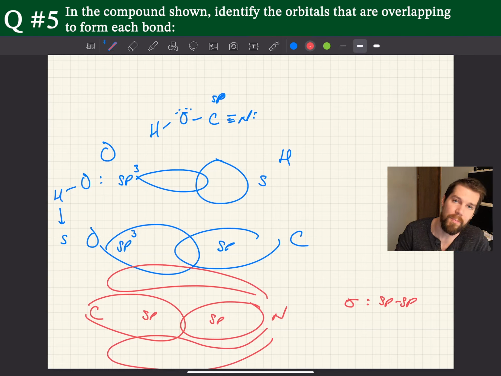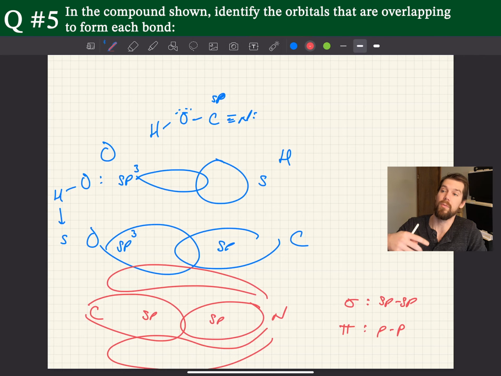Pi bonds are formed from p orbital overlap. So the pi bonds must have been formed from a p orbital overlapping with another p orbital, and that happened twice. No reason to complicate this stuff, right? If oxygen is sp3 hybridized, it has 4 sp3 hybrid orbitals. Those must be overlapping with the orbital of the other atom to form whatever bonds.